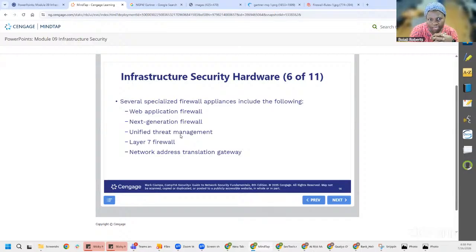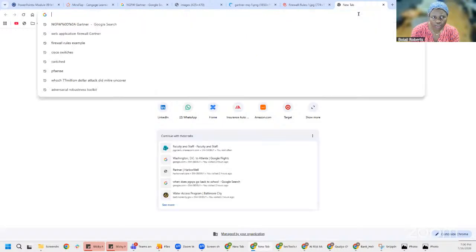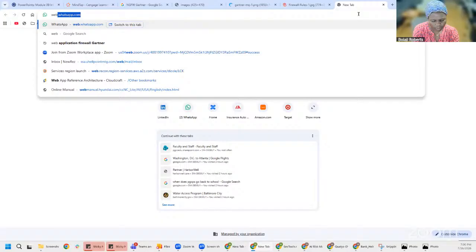Okay. Then we have the layer 7 firewall and network address translation gateway. I don't know why they included layer 7 firewall, because layer 7 firewall should be the web application firewall, but I might be tripping.